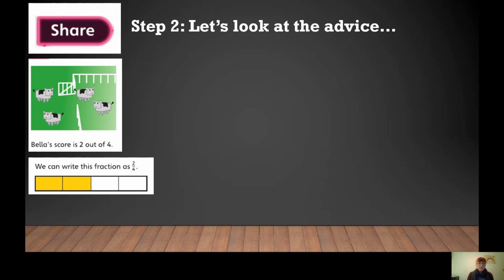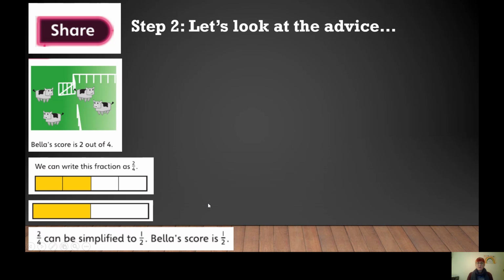Well, I know that 2 quarters here, the yellow parts represented on the bar diagram, is the equivalent to a half of the whole shape. So therefore, I would say 2 quarters can be simplified to 1 out of 2. Bella's score is the same as a half.